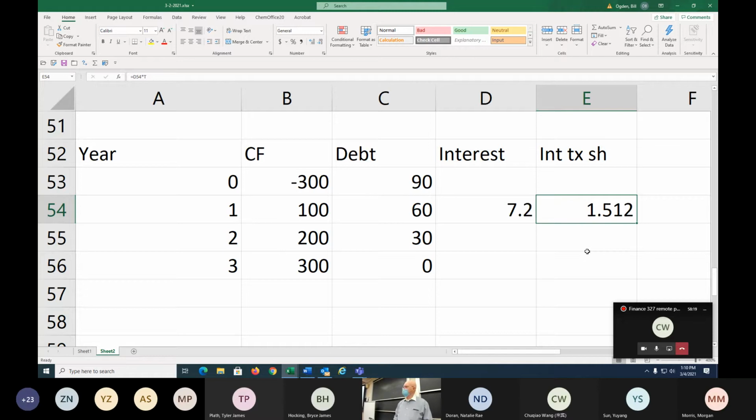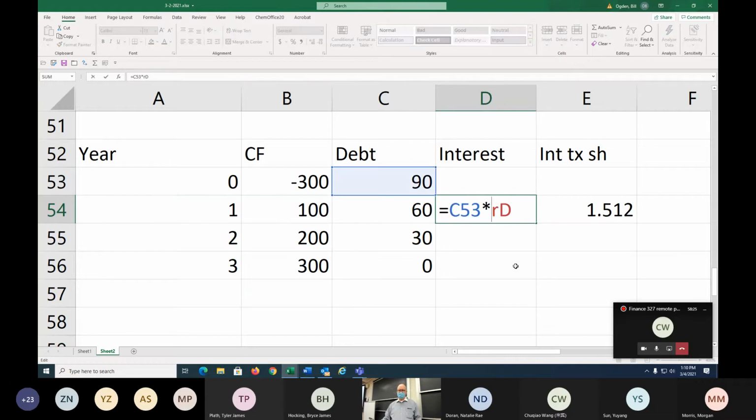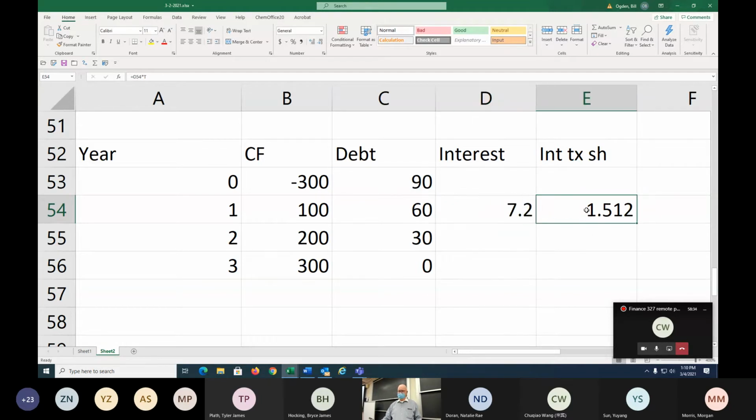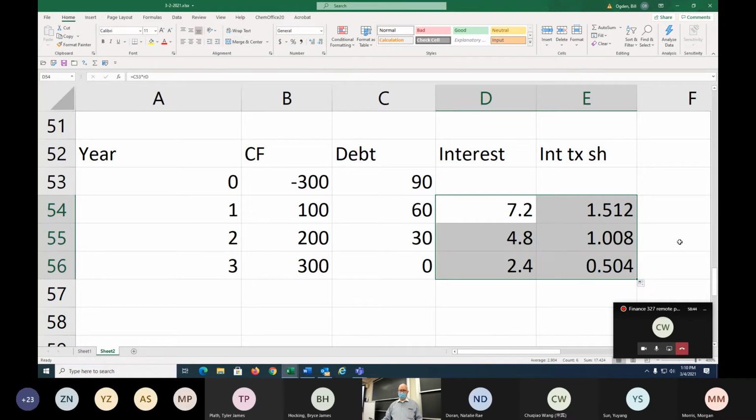You show both of those again. Interest. Yeah, it's just 90 times the RD. Right. And then the interest tax shield is always whatever the interest is times T. Right? Okay, and then let's copy these down. Let's do that for all 3 years.